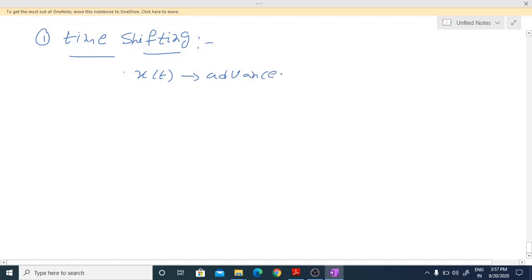The first one is time shifting. Now let us consider a signal x of t, and this signal may be advanced or delayed in time.